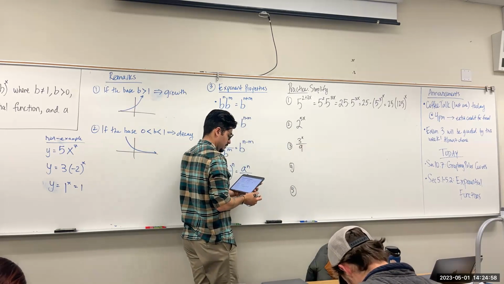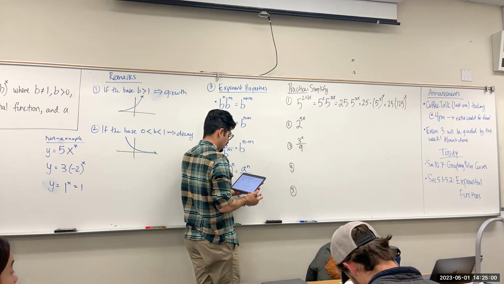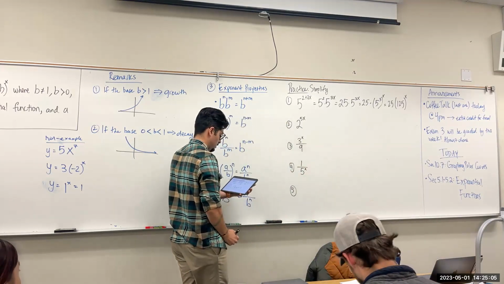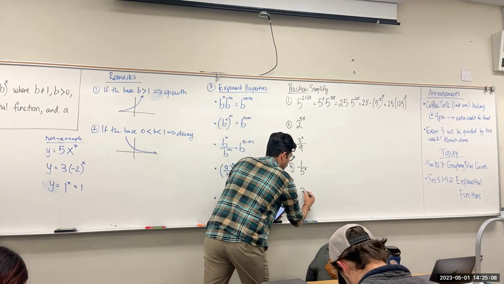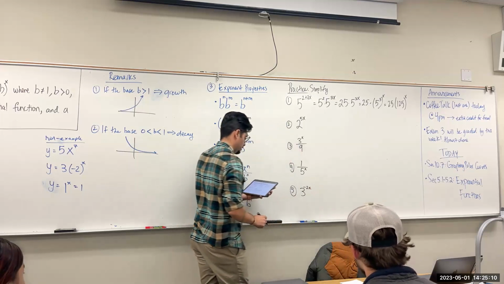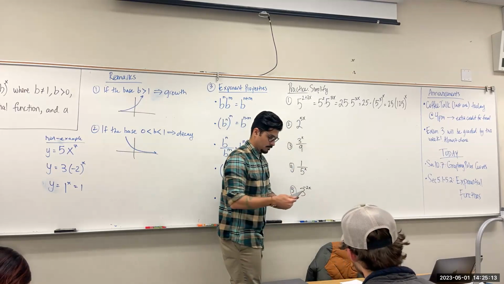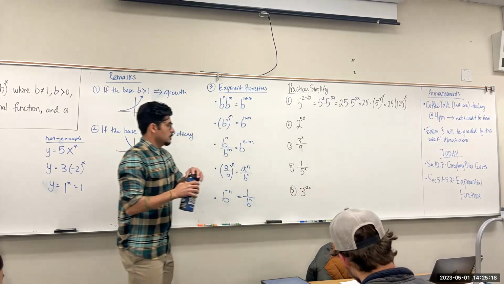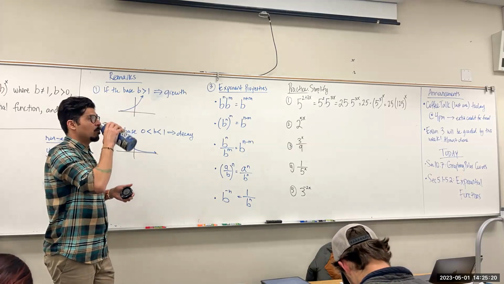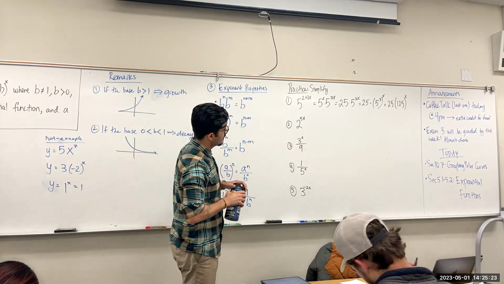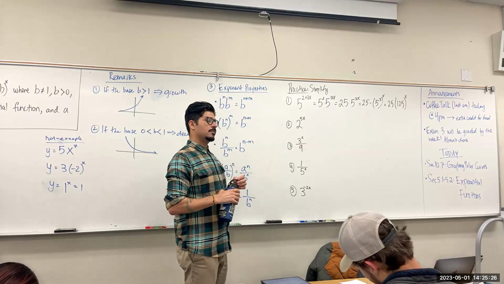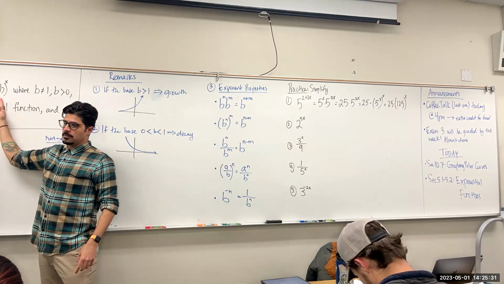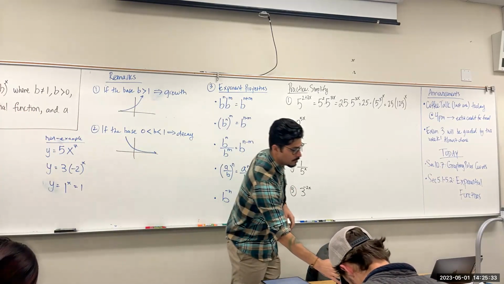Okay, let's put the 9 there. 1 over 5 to the x. And then 3 to the negative 2x. They all need to be simplified, and are they all an exponential function? Or are they all not? Yes, go for it. Simplify them as this one right here. Exponential function.